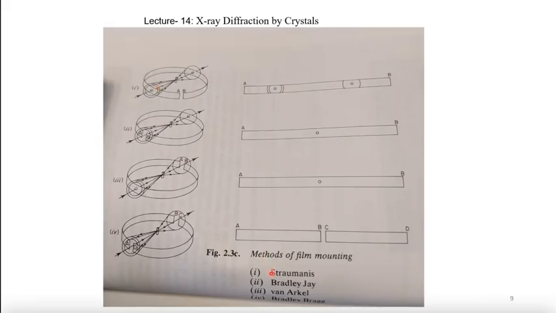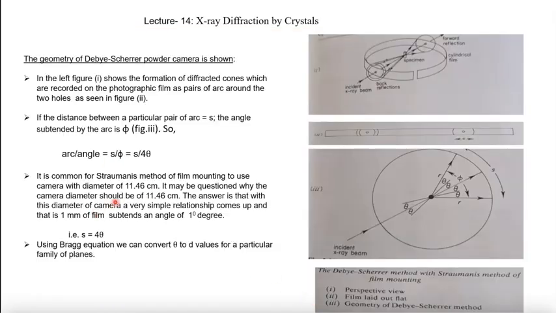There are other techniques of mounting films, the Bradley technique, the Van Arkel technique, and the Bradley-Bragg technique. Now, here it is a Debye-Scherrer method with Straumann's method of film mounting.